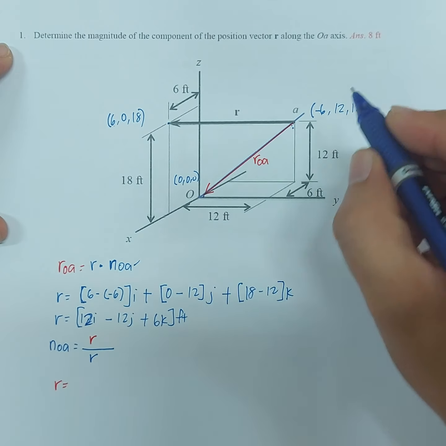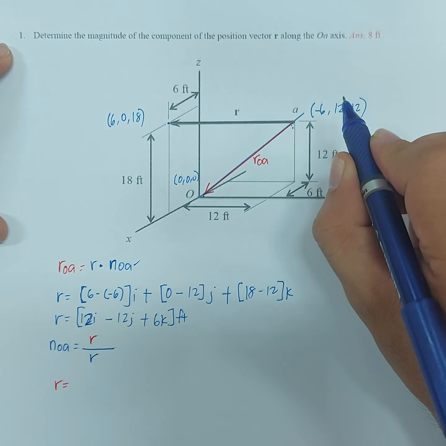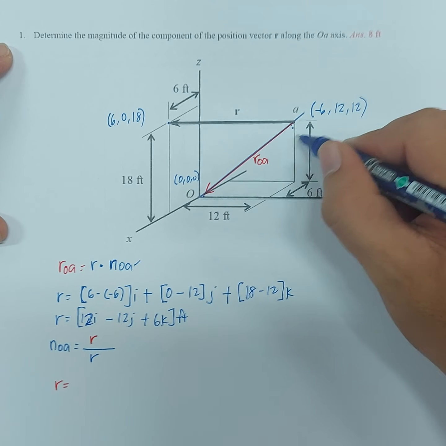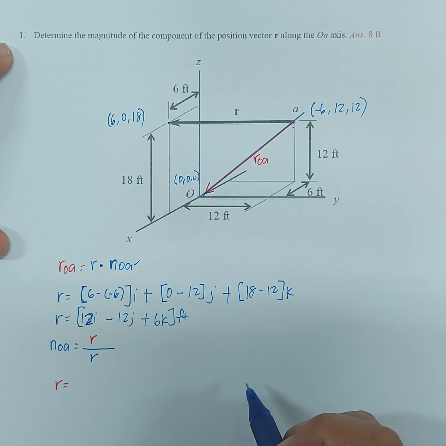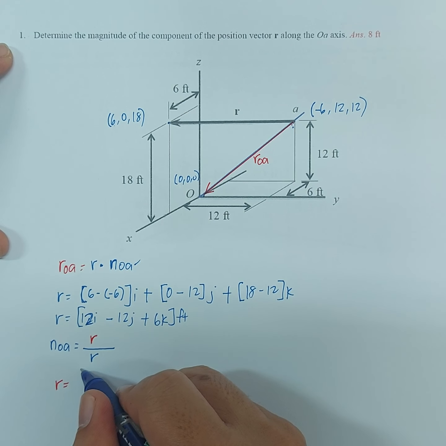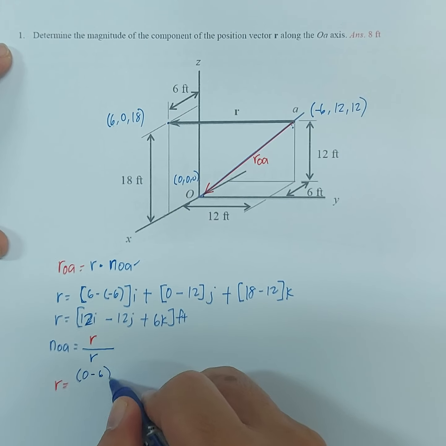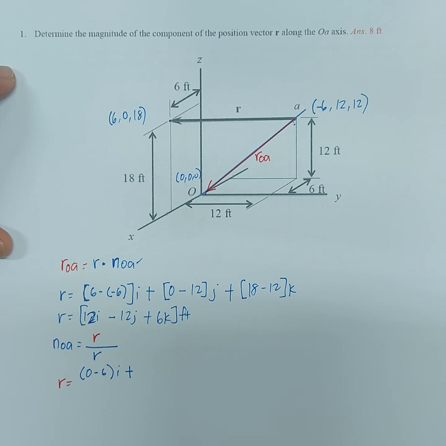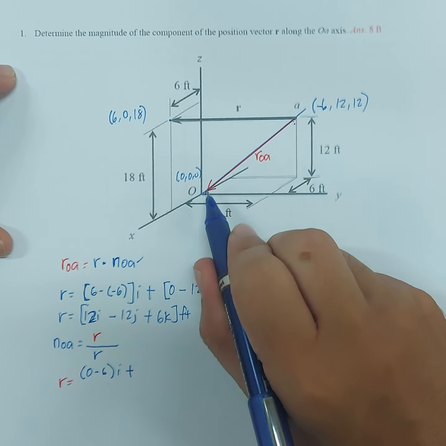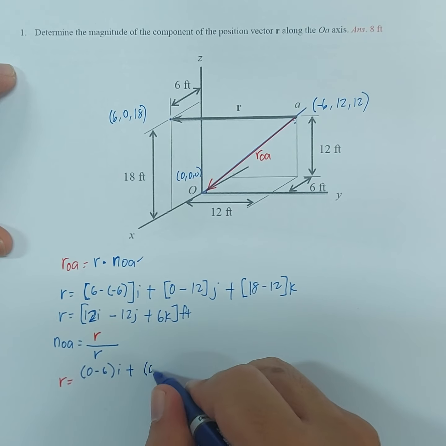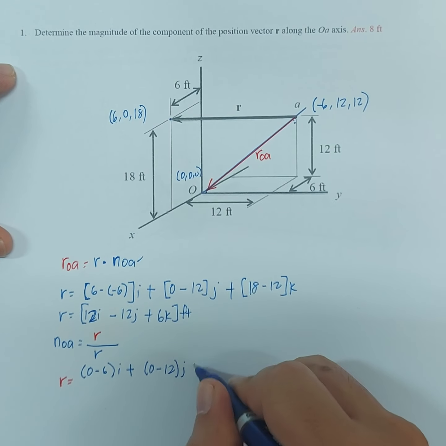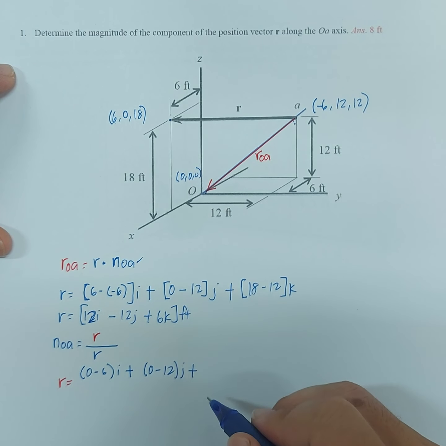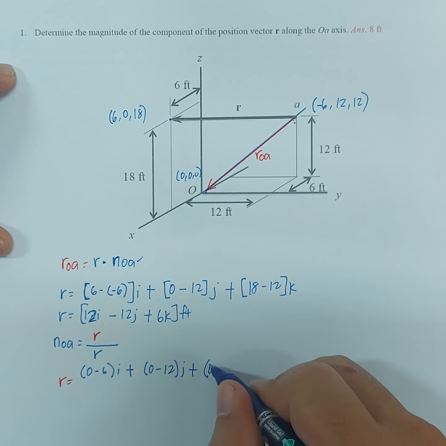So 0 minus 6, i, plus 0 minus 12, j, plus 0 minus 12, k.